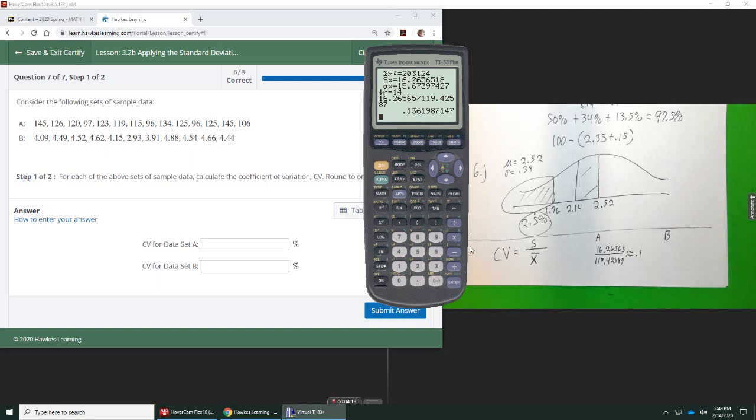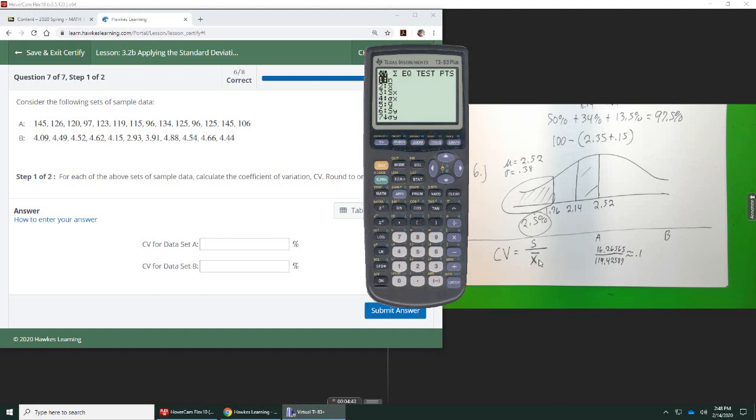Now, if we just recall those two instead of typing them in, once you do the data and the one variable statistics, you can do vars, option 5 for statistics. Number 3 is Sx, so I'm going to hit number 3. Then divided by, and I'm going to go back there again, vars, number 5 for statistics.